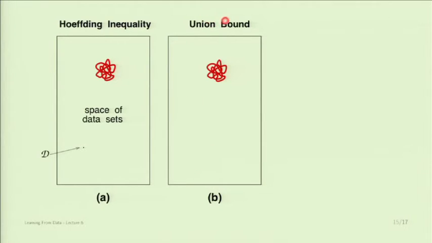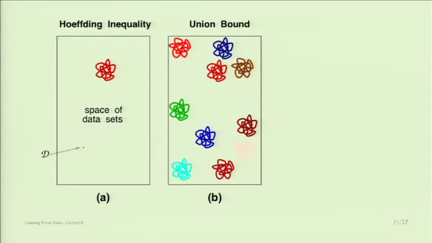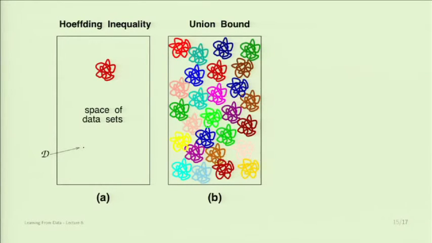Because I'm using the very pessimistic union bound, I am hedging my bets and saying that you get a bad region that is disjoint. Another hypothesis, 2 of them. More. Oh, no. We are in trouble. The colored area is the bad area. Now the canvas is the bad area.